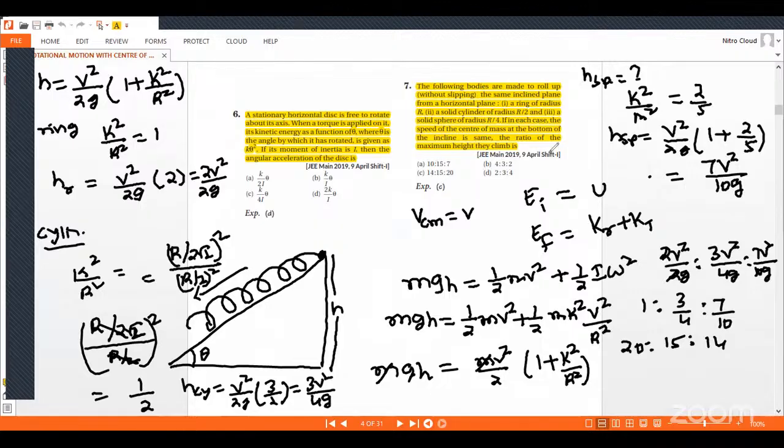Now they are asking to find the ratio of the maximum height they climb. Maximum height they climb.